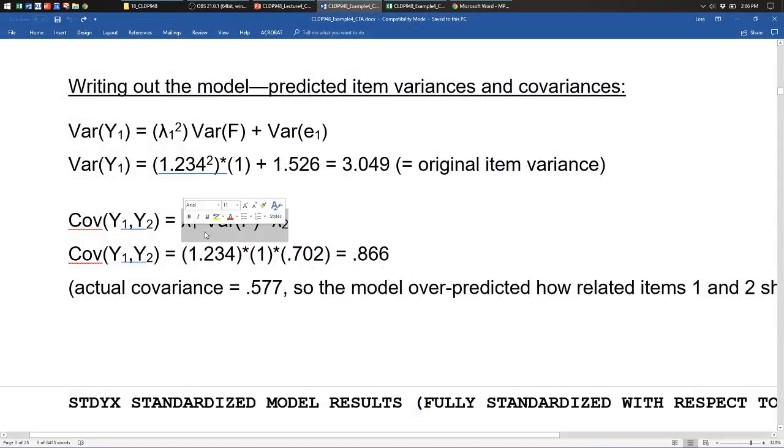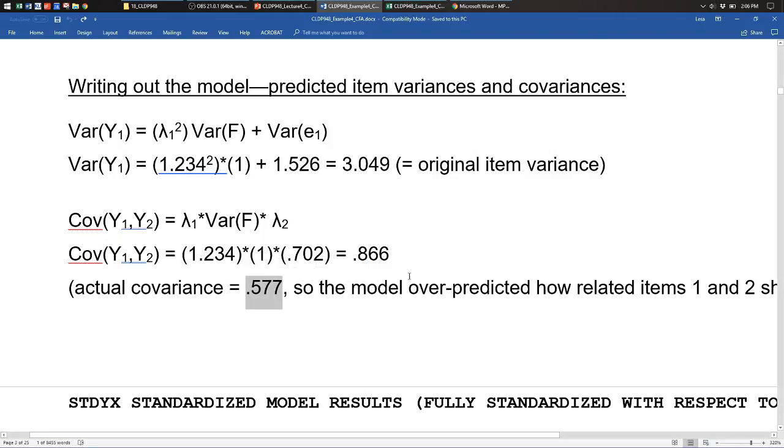There it is. So this model says that item 1 and 2 should have had a covariance of 0.866. In the data, the covariance was actually lower. It was only 0.577. So we're off.